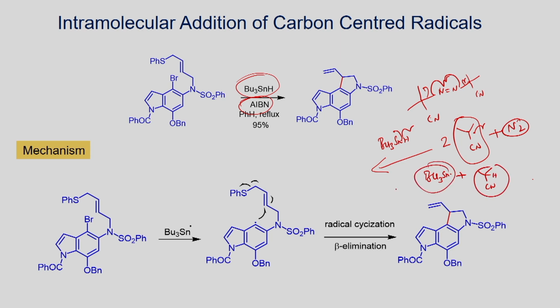Once you form this radical, it can readily react with the carbon halogen bond. You have the aryl bromide which can undergo homolytic cleavage, and you form the aryl radical.